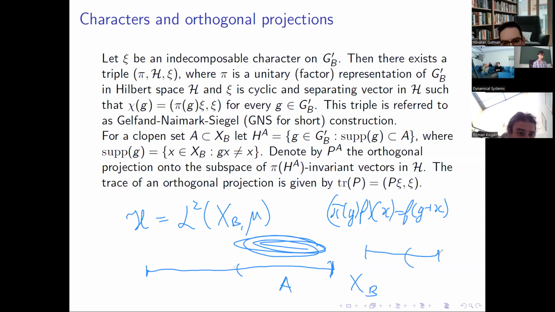So this type of functions. And the orthogonal projection P_A will be just averaging of a given function over the set A. So this is just to give you an idea what these orthogonal projections are. In general, they are more complicated.